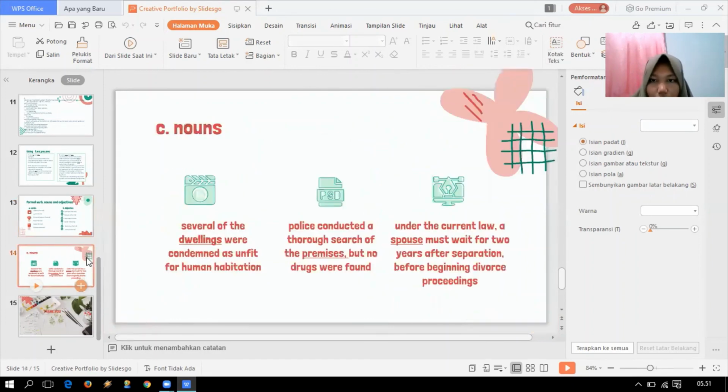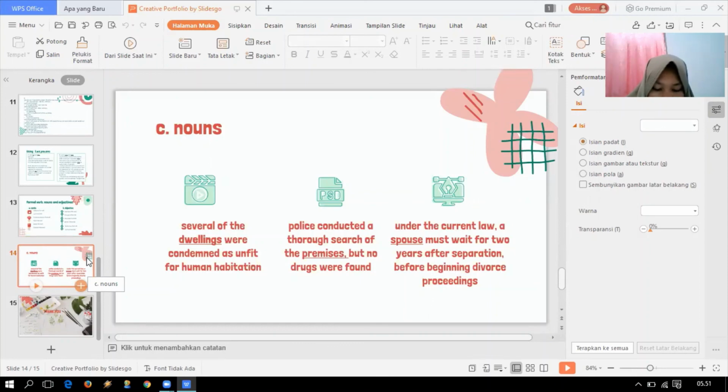Next slide. The third is nouns. Sometimes more formal nouns are particularly appropriate in law or politics. A spouse, husband or wife, and a sibling, brother or sister, for example, are useful in being gender neutral.